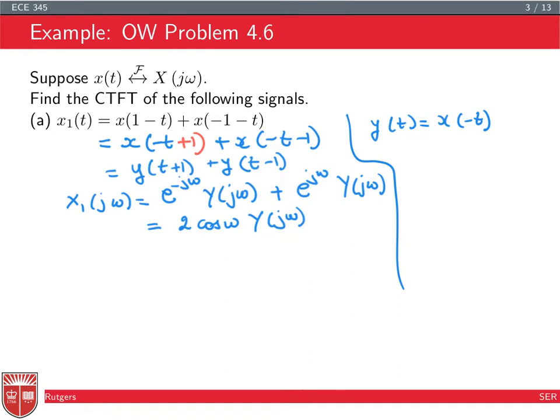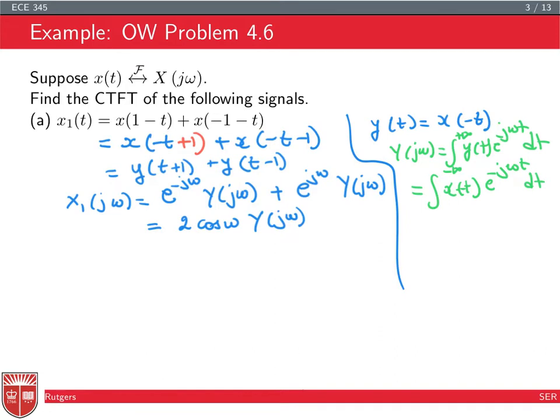Now the question is, what is y of j omega as a function of x of j omega? If I go back to the definition, this is time reversal, so I'm flipping the time axis. Applying the formula, y of j omega is the integral of y of t e to the minus j omega t dt. So this is equal to the integral from minus infinity to plus infinity of x of minus t e to the minus j omega t dt.